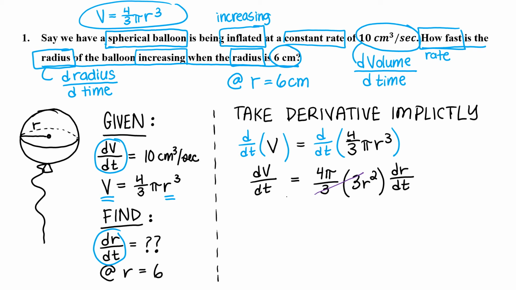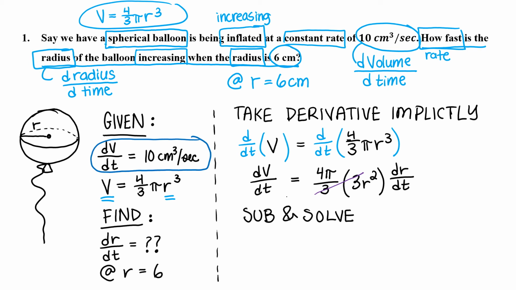After you take the derivative, we can start substituting in the things we know and solving. So we'll substitute and solve. We know dv/dt. dv/dt is equal to 10 cubic centimeters per second. We also know r.